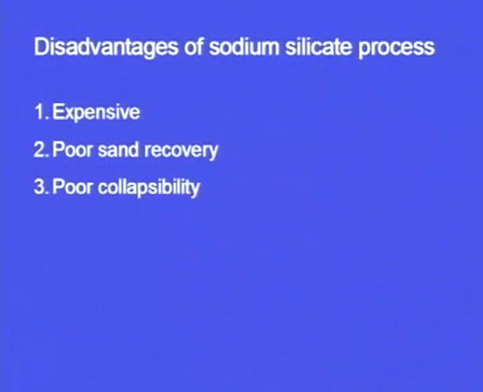Another disadvantage of the sodium silicate process is poor collapsibility. The advantage is it has good hardness, but that is also a problem. After the molten metal is solidified, after the casting is ready, we will be breaking the mold. At that time the mold should be in a position to be broken up easily, but if we make a mold with sodium silicate moulding, sometimes it becomes hard.